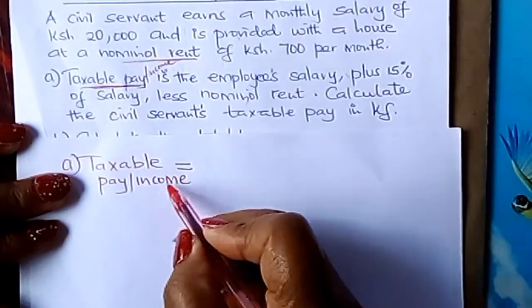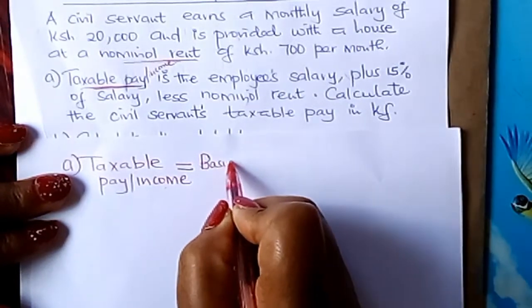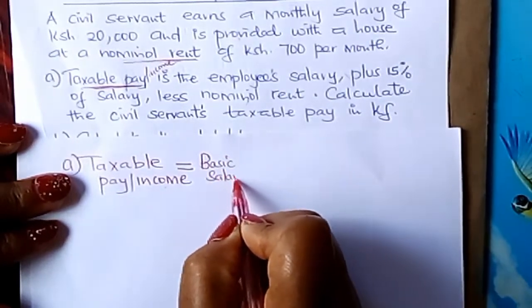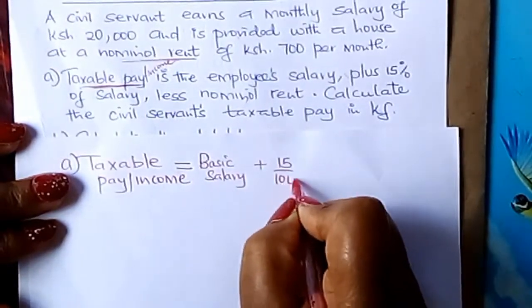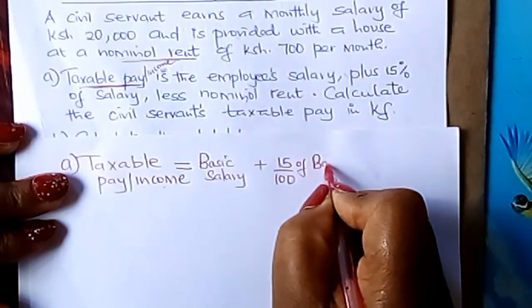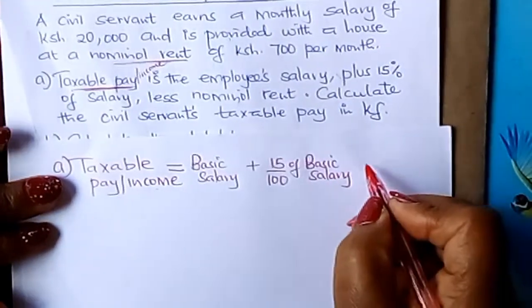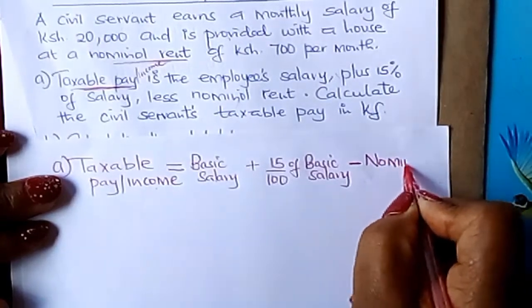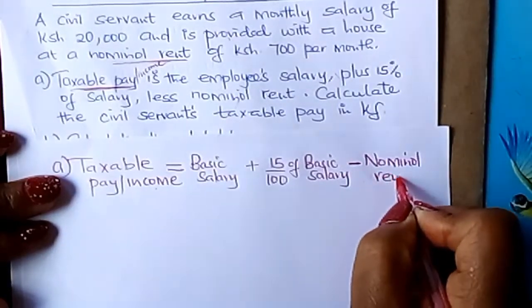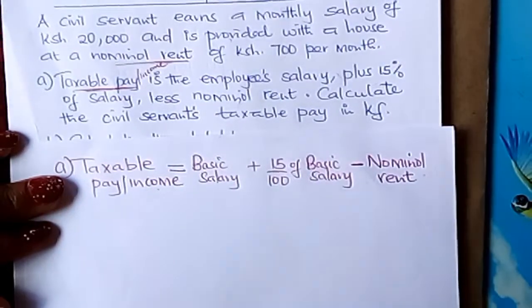So taxable pay or taxable income is equal to basic salary plus 15% of the basic salary. Look at that, learner. And then less nominal rent. You minus the nominal rent. That formula, learner, should be in mind.